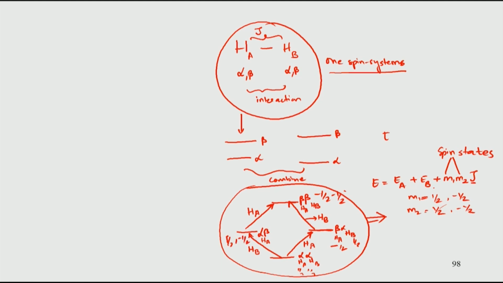So, the 4 different spin states are captured in this particular diagram, but now the energy levels will also start changing.